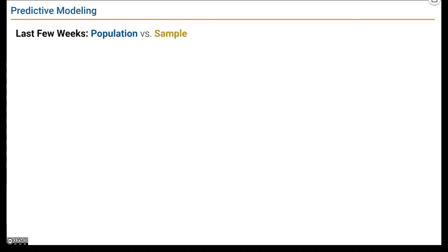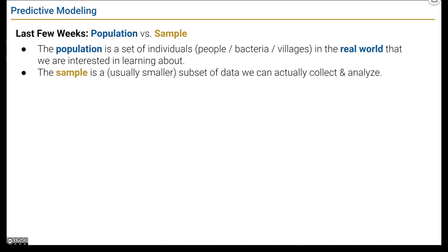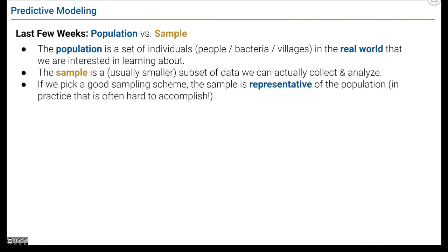So let's put this in the context of where we've been. The last few weeks, we've been focusing on populations and samples. In particular, we've had some set of individuals in the real world that we're interested in learning about, our population. But typically, we don't have the ability to gather data from the entire population. And so instead, we use a sample.